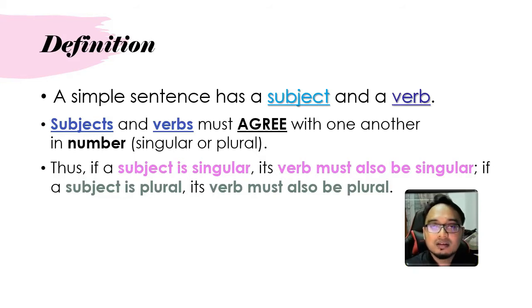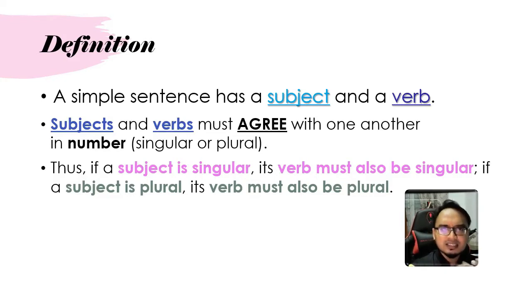Second, subjects and verbs must agree with one another in number, meaning the subject in the sentence must agree with the verb in terms of number. Number here means the count. If the subject is singular, the verb must also be a singular verb, so there will be an agreement to form a sentence.